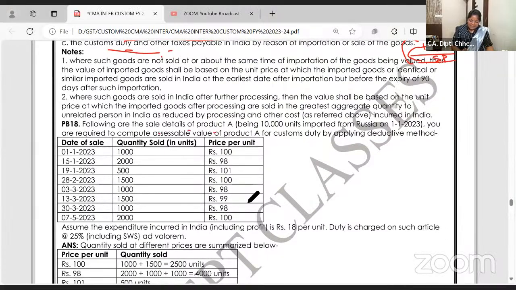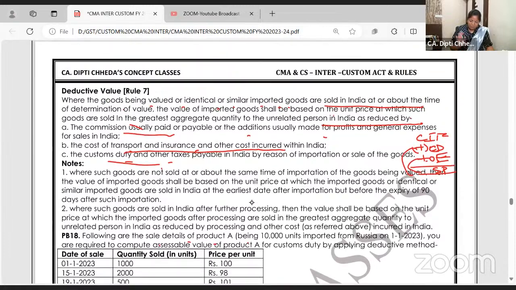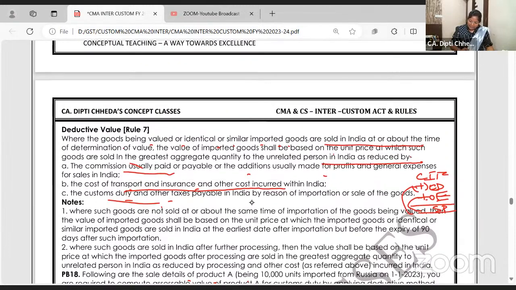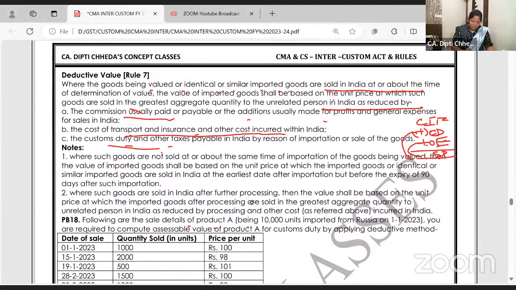Following are the sales details. Yes, a very important point I missed out. In deductive value, where the goods are sold at or about the same time of importation, it shall be the unit price at the earliest date after importation but before expiry of 90 days. After importation, within 90 days, whatever selling price you have sold, the highest number of goods.